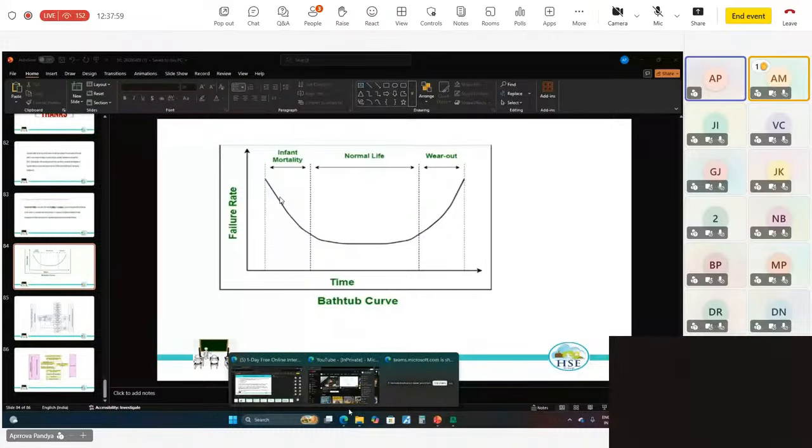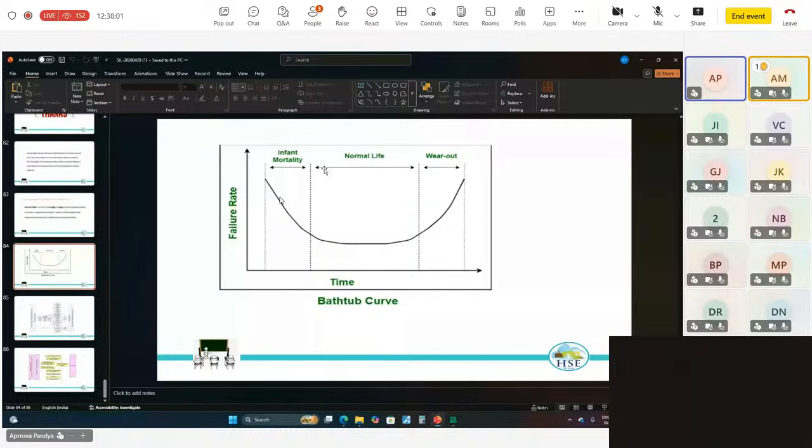See my arrow. This one. This is the normal life. This is the period they call the useful life. In this period, the failures are quite standard.